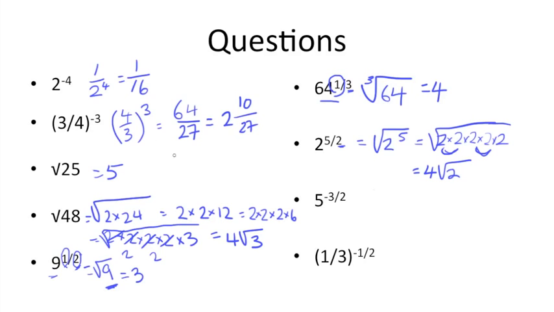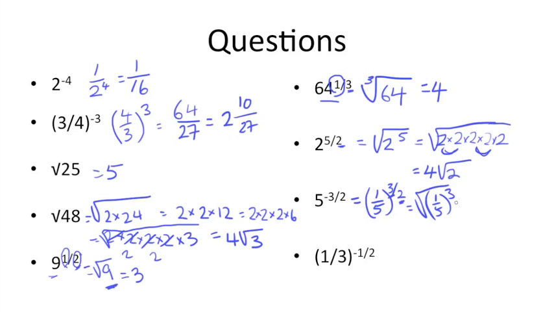So moving on to the next question, we have 5 to the negative 3/2. So we know that a negative sign in the exponent means that we take the reciprocal of the base to the 3/2. And now we still are left with a fractional exponent with a denominator of 2, which means we're taking the square root of 1/5 to the 3rd power, because we have a 3 up here.